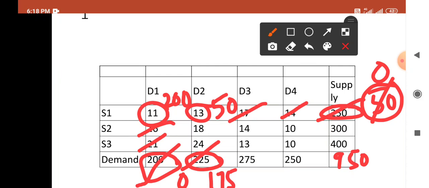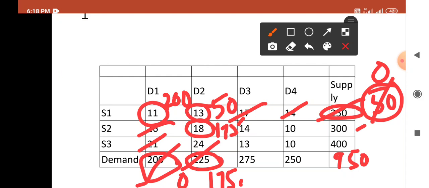Now in the remaining matrix, the northwest corner is 18. So we'll take 18. The D2 demand remaining to be satisfied is 175 and the available quantity is 300. So the minimum is 175. We are going to allocate 175 here.